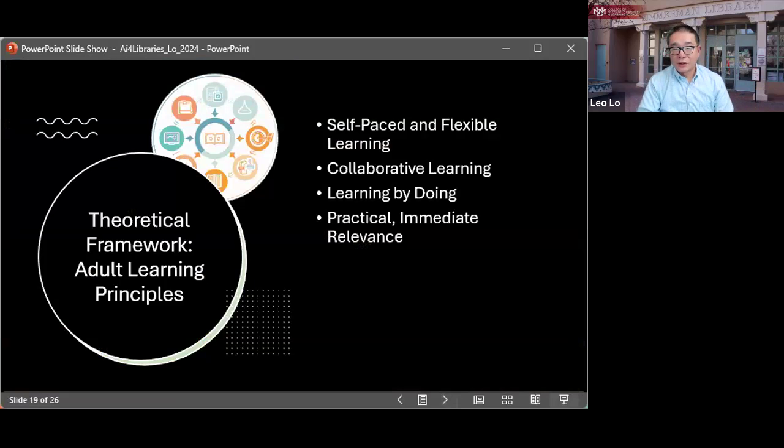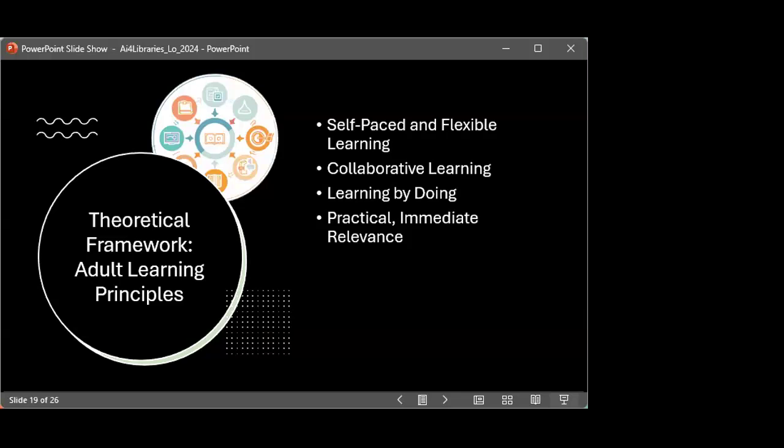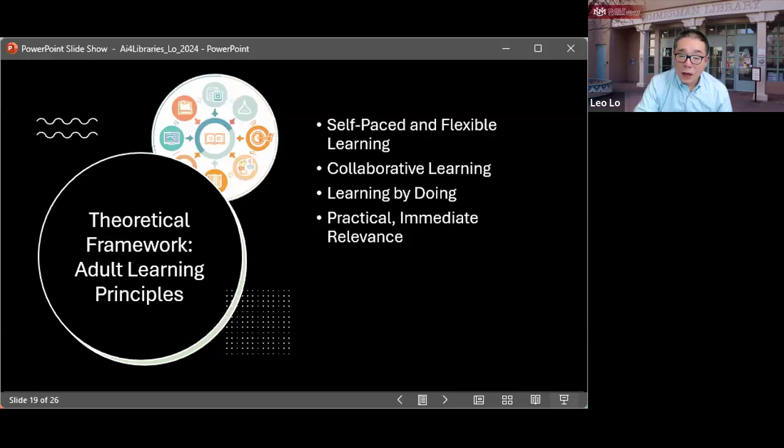Adults learn differently than children or just students in the classroom. So here are some of the things we need to pay attention to. Self-paced, flexible learning: we juggle multiple responsibilities, work, family, personal commitments. So we want it to be flexible and more self-paced so we can fit it into our busy schedule. And then collaborative learning.